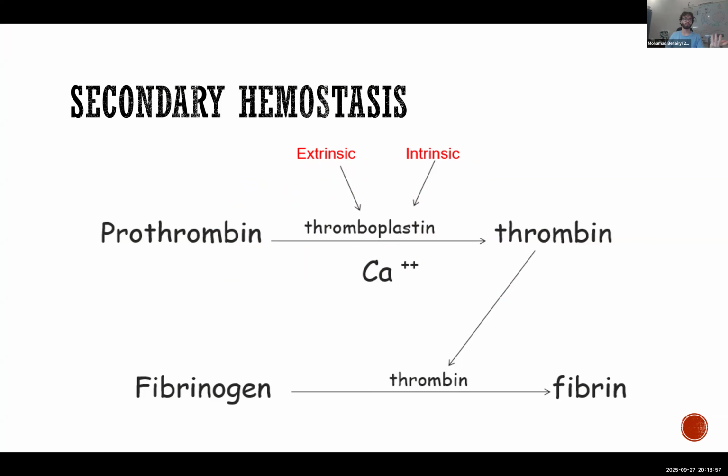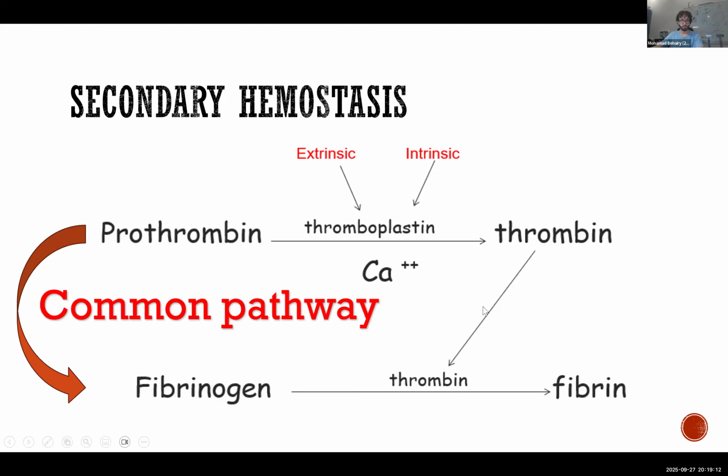That's why it's called extrinsic. The intrinsic pathway will come from factors that are found inside the endothelium already. These two pathways will converge together into something called the common pathway. This is the common pathway, the final part which will make fibrin.